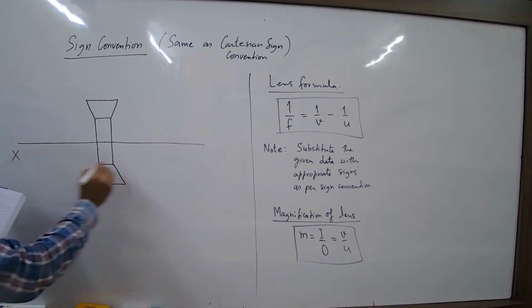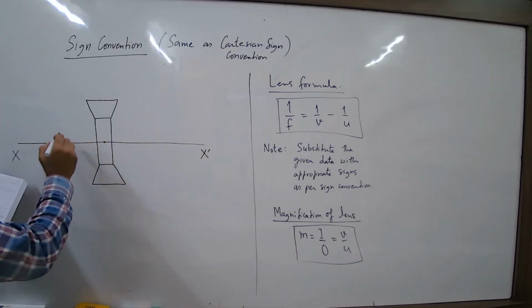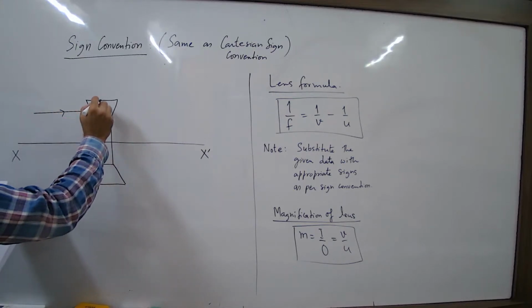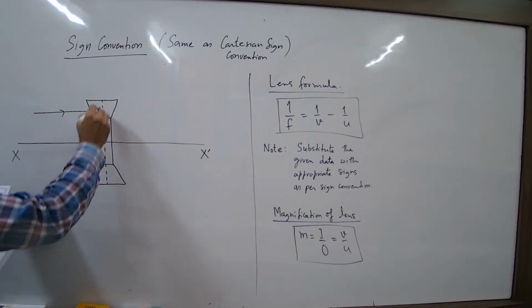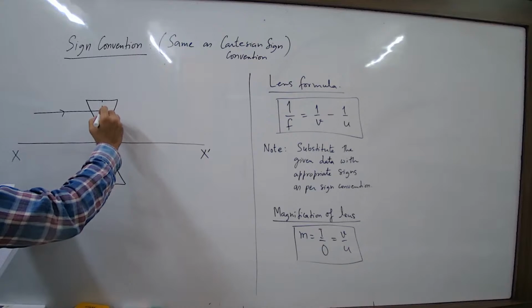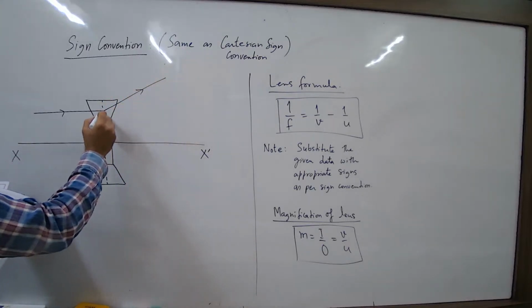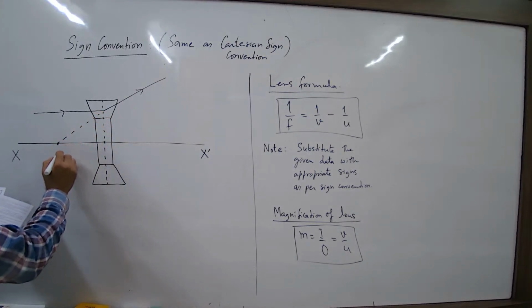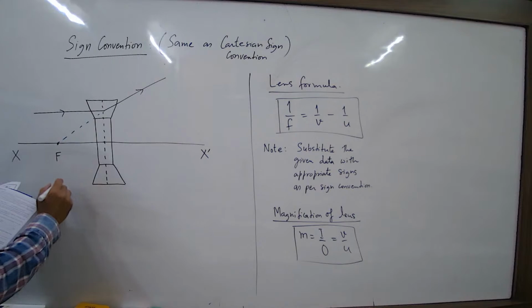This is called X dash, which is your principal axis. So the ray is incident along this, right? It will travel till here, and now it will bend towards the base, so it will be like this. So we'll meet here. This point is F. This is called the focus.